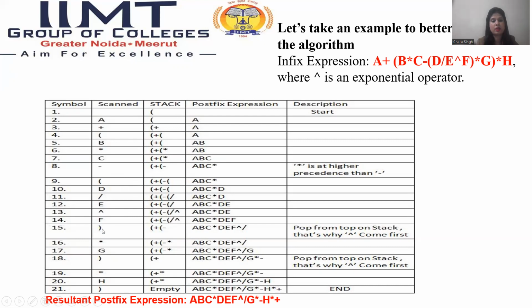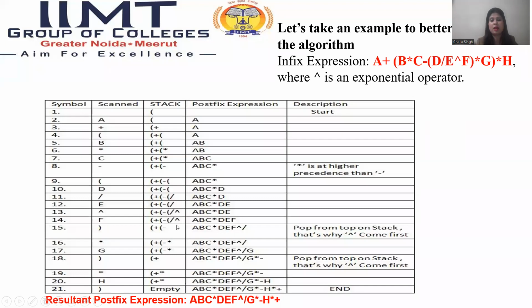Okay. Then we have the closing parenthesis. Whenever it arrives, we have to pop from the top of the stack. That's why the exponent comes first, because this is the top of my stack.